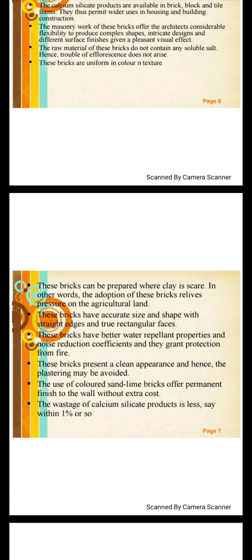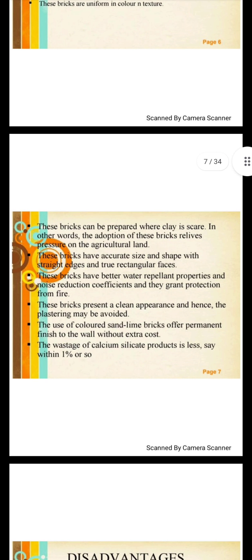These bricks present a clean appearance and hence plastering may be avoided. The use of colored sand lime brick offers a permanent finish to the wall without extra cost. The wastage of calcium silicate products is less, say within 1% or so.